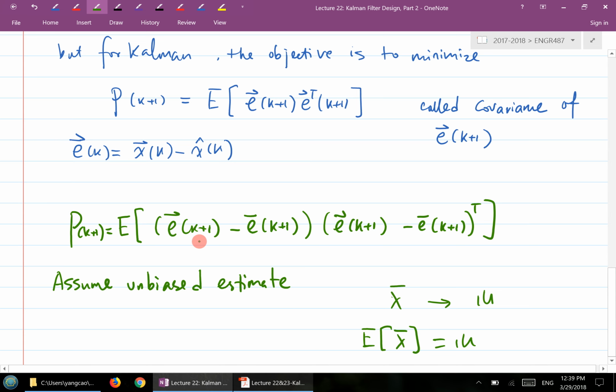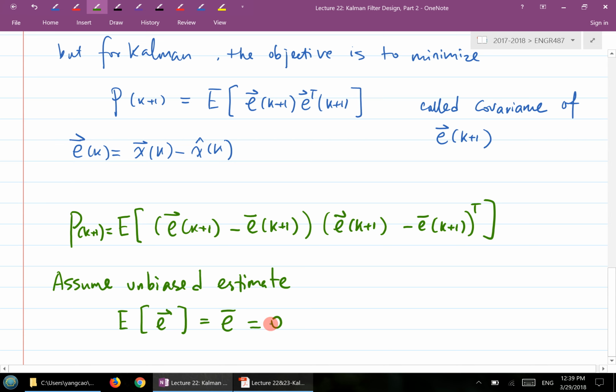So for our case, we're assuming unbiased estimation here. That essentially means the expected value of the error should be 0. So the expected value of the error, equal to the mean value of the error, equals 0.